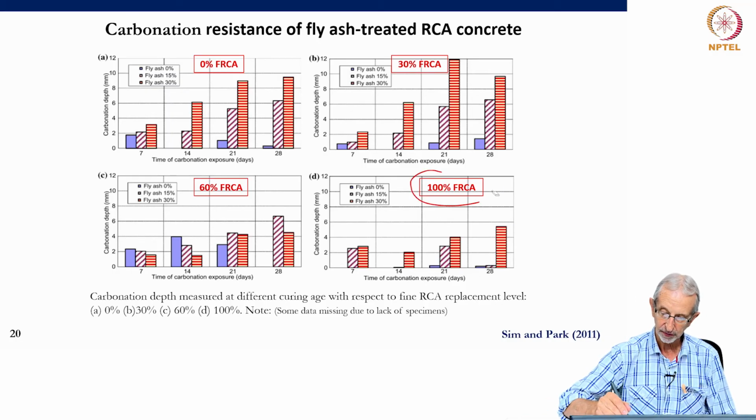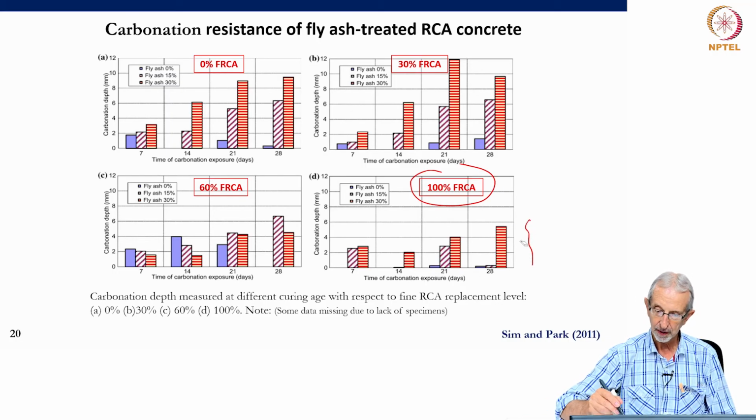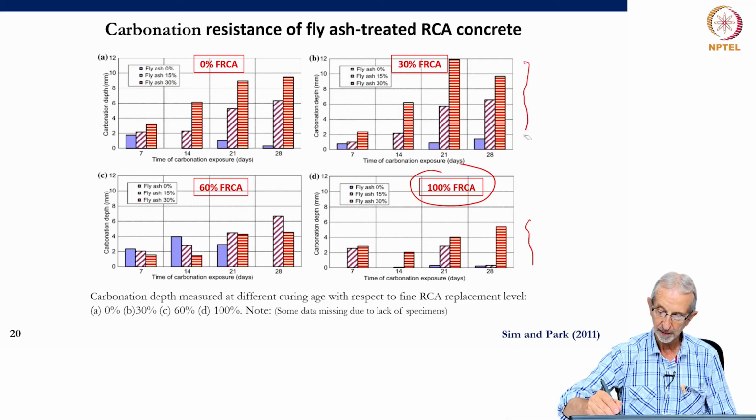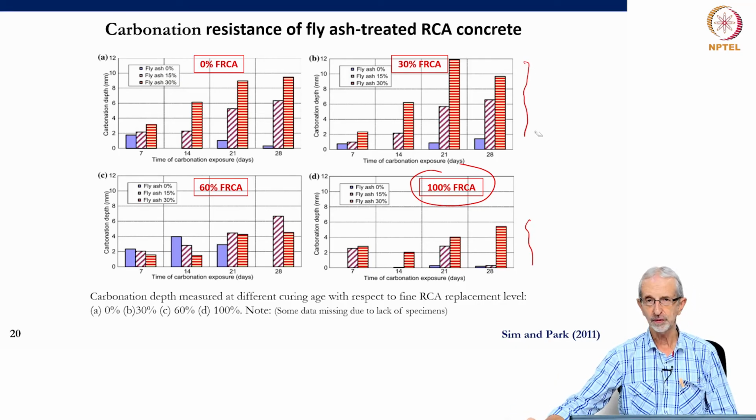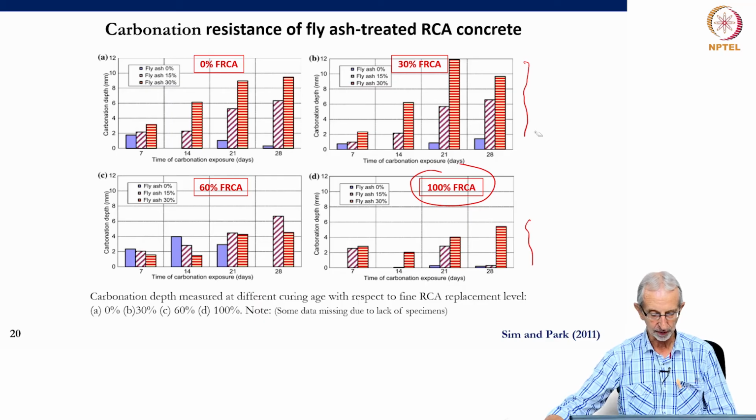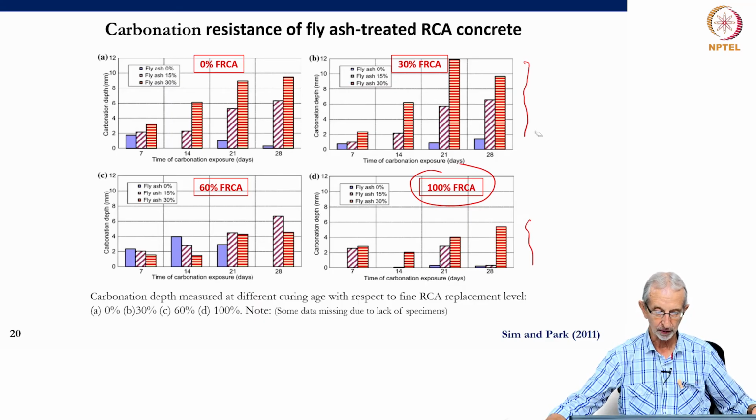The carbonation resistance is very modest. There's a little bit of a difference here. And so this sort of sets you thinking, why would this be the case? And unfortunately, in this case, the authors of this article from which we got this didn't really explain or offer an explanation for this, which was a bit disappointing. We would have liked them to have told us why.